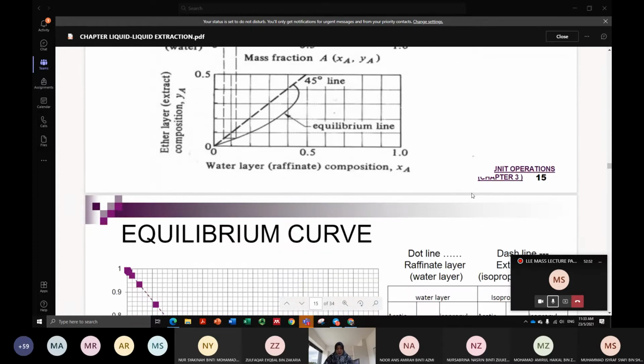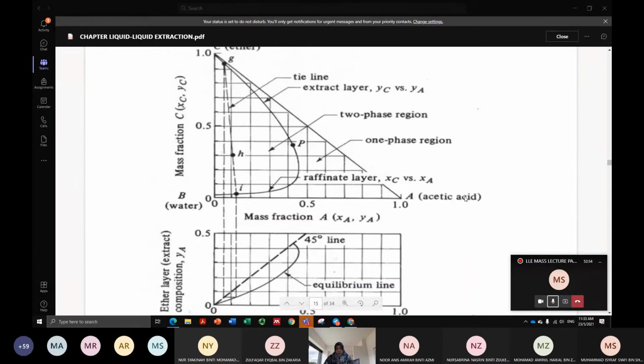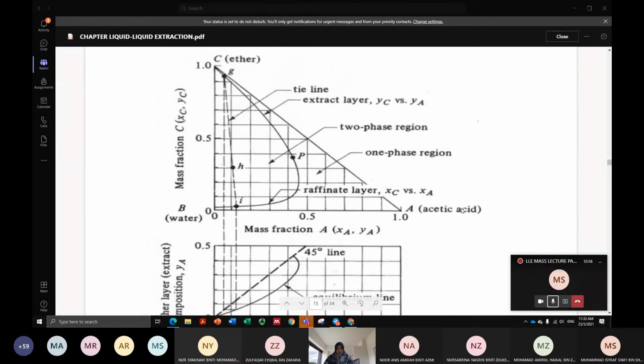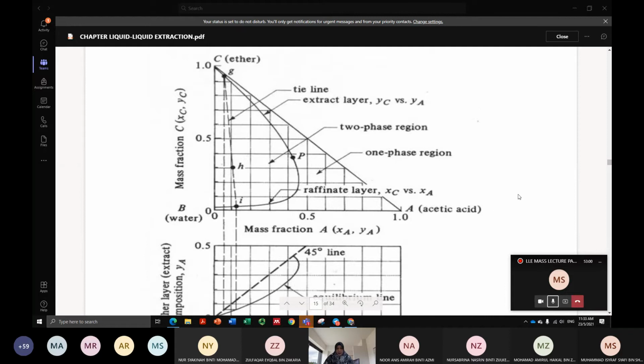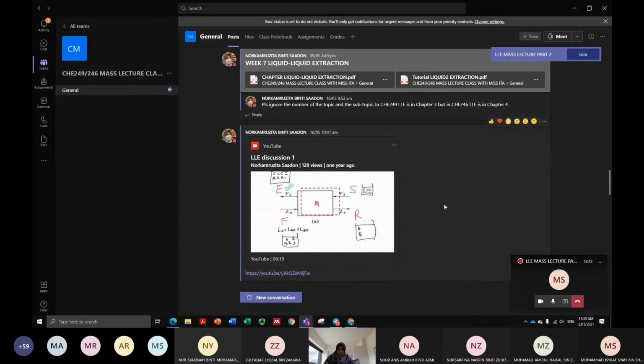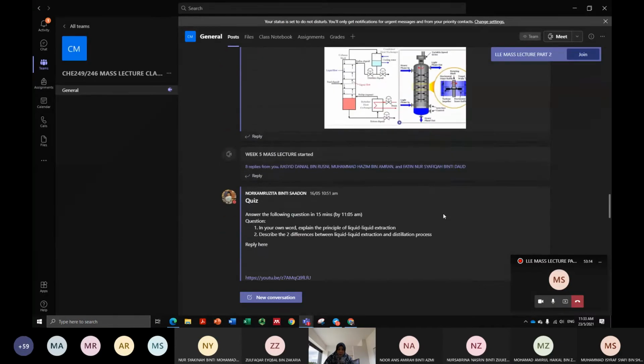Or else you don't know how to begin answering the questions. This is how it looks like for the multi-stage liquid extraction. I don't want to proceed with this one first, so let's look at the diagram that I've shared with you.